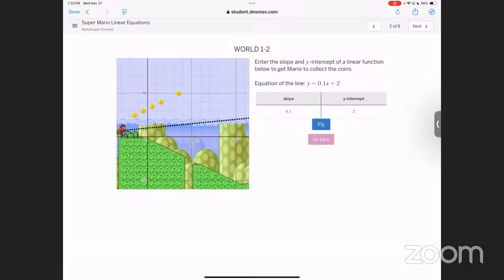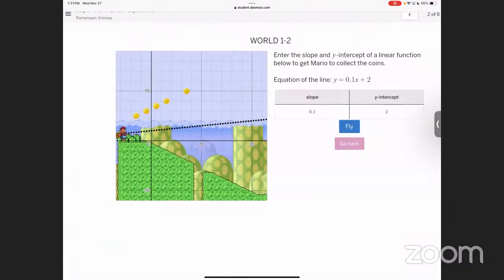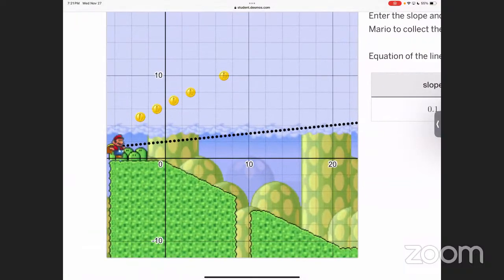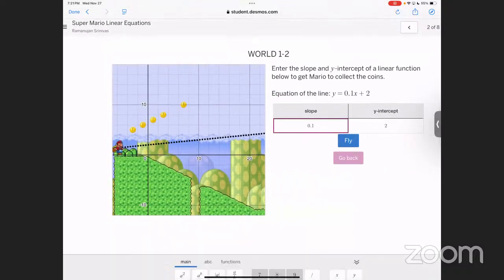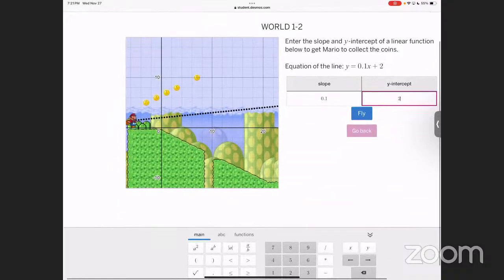Enter the slope and y-intercept of a linear function below to collect points. So now we need to get the y-intercept. Let's go back here. So the y-intercept is, that is 10 boxes, isn't it? So that should be 6. So y-intercept is 6.